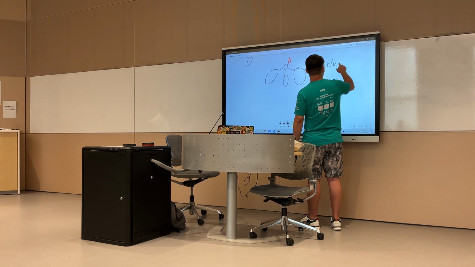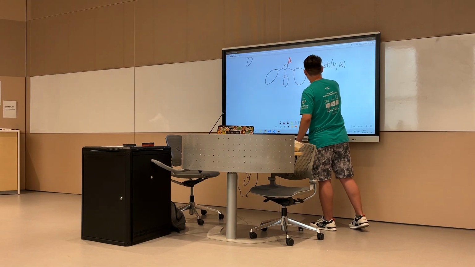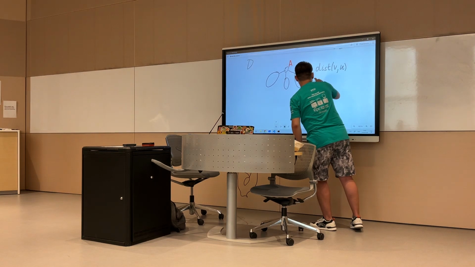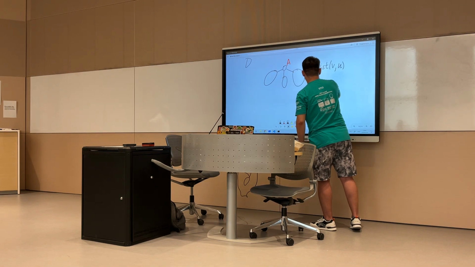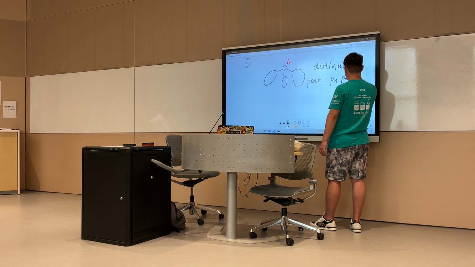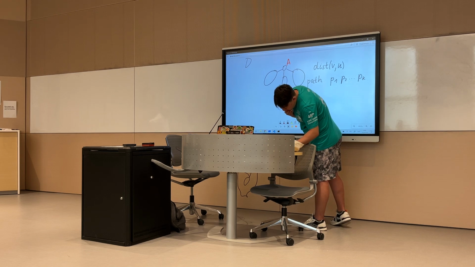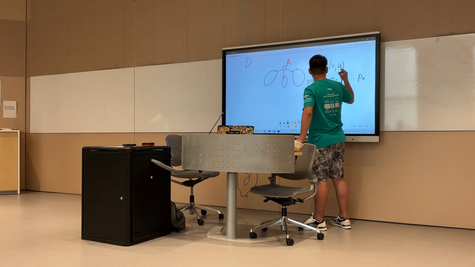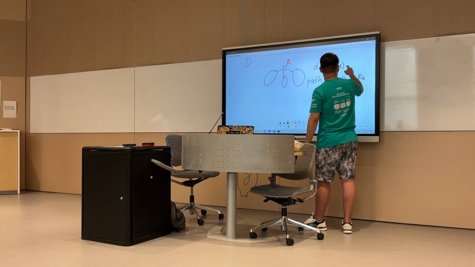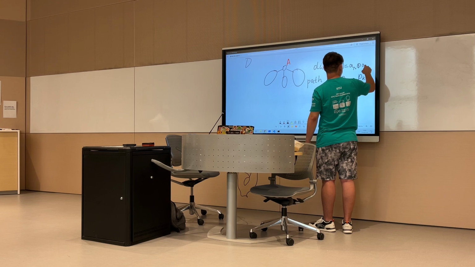That means if the path from V to U is P1, P2, up to Pk, then the distance from V to U will be equal to A of P1 XOR A of P2 XOR and so on.